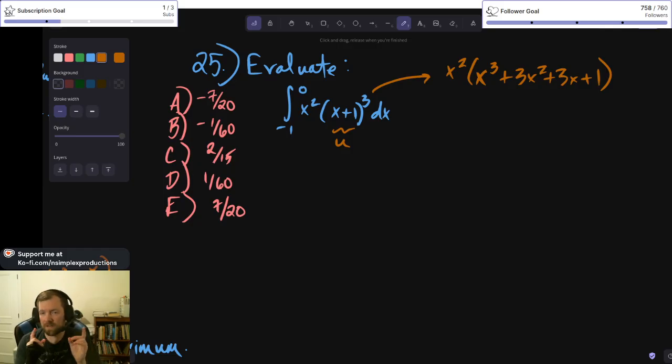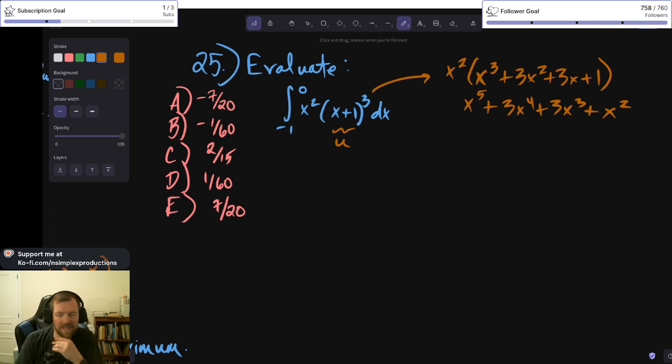In fact, any polynomial to a power is super easy because that's the entire channel name. In this case, we would get x to the 5th plus 3x to the 4th plus 3x cubed plus x squared. But again, that's gross. It's perfectly viable. I just don't like it.